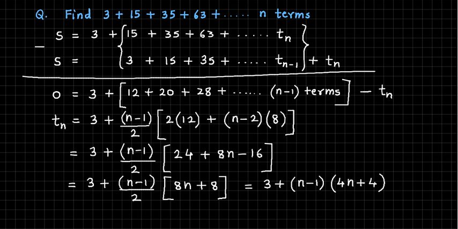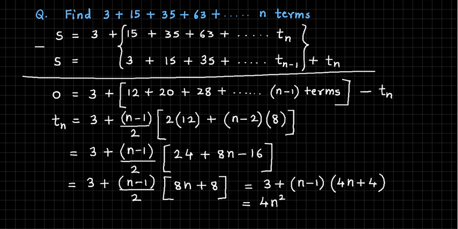Now when we open the multiplication of the two brackets, we get n into 4n, which is 4n square. Then the n term is n into 4, which is 4n, and another product gives us minus 4n, so the n term gets cancelled.